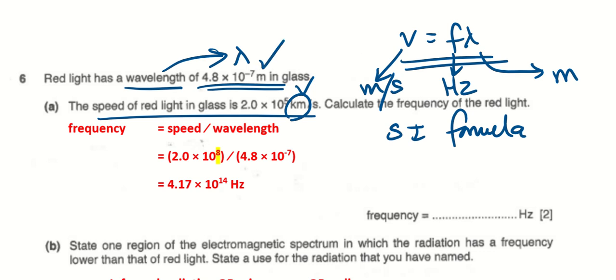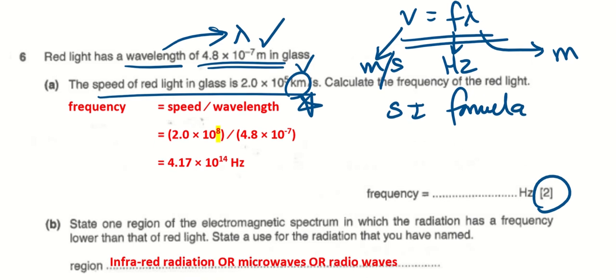So far my wavelength is in meters, it's okay, but my speed, this is a trick here, right? If you don't take note of all this, you will get 0 marks. Even though you know the formula, you have done this countless times, but you didn't pay attention to the units, you will have gotten 0.